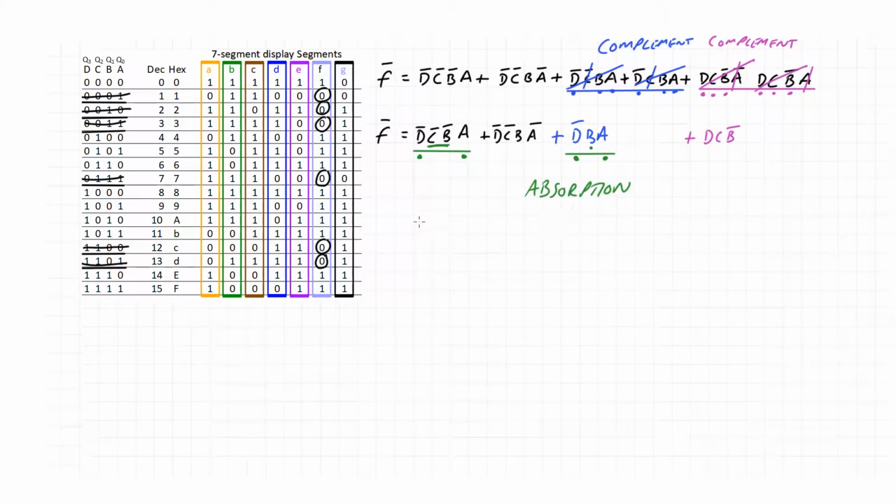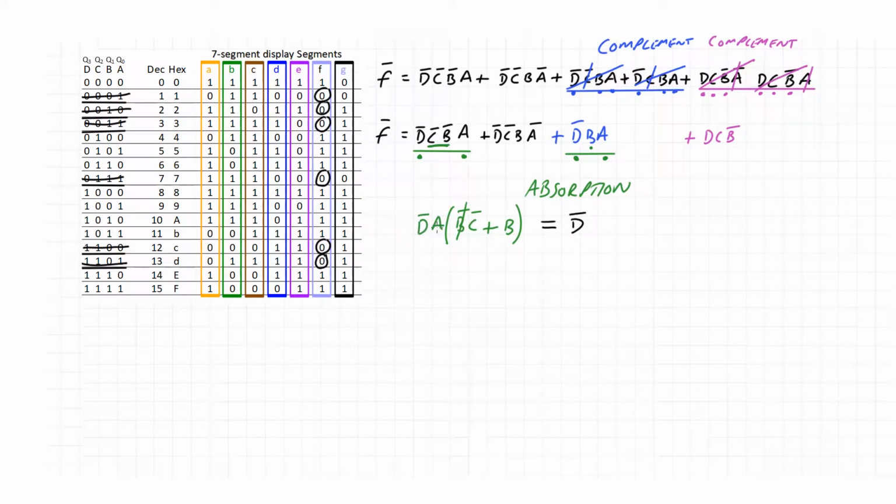So that's the absorption law. Bring out the common factors. That goes into not B, not C, or B. So it's the not B that we need to get rid of, because that's the complement in the ANDed term. Then multiply out.